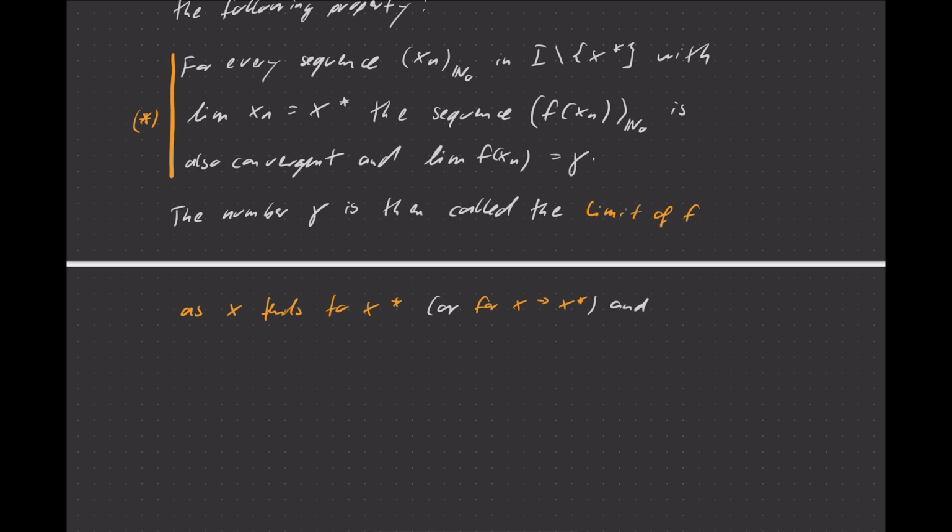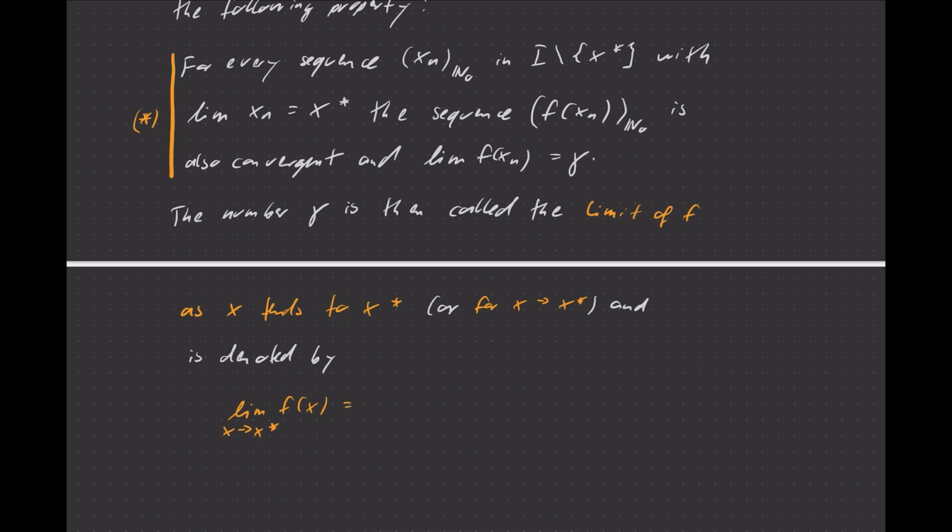And this limit is denoted in the usual way by saying this is the limit of f of x. And now, of course, we have to denote that this is the limit as x tends to x star, so we write that below our limit here.